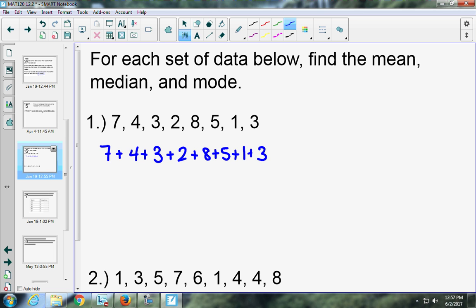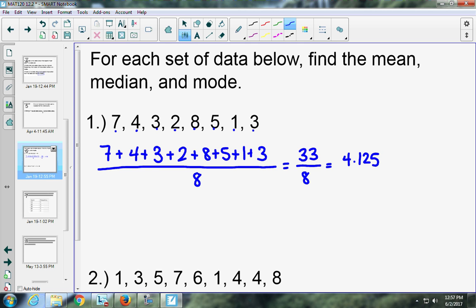And we have to divide by however many things there are. So there are 1, 2, 3, 4, 5, 6, 7, 8 data items. So we divide by 8. On your calculator, make sure you add everything up first and hit enter. It will give you 33. And then divide by 8 to get 4.125.